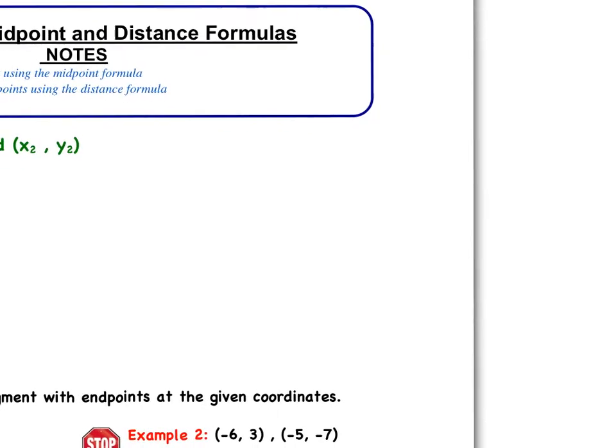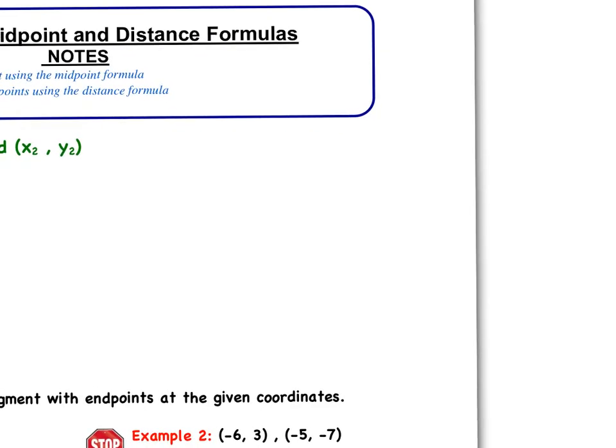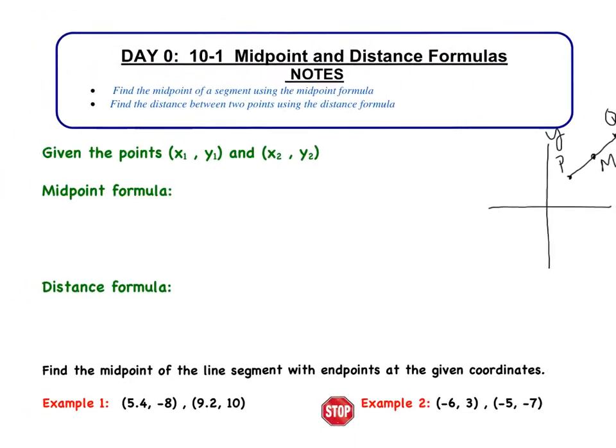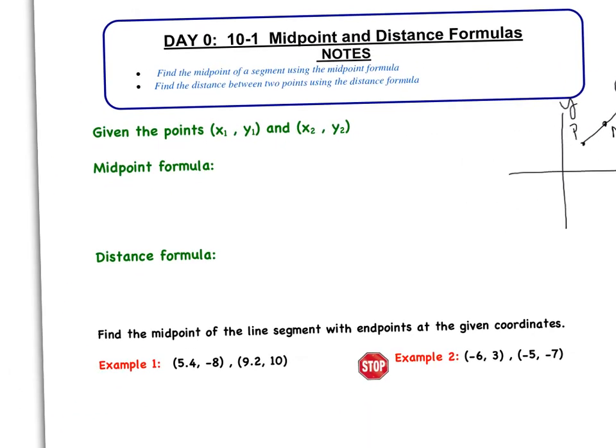If I quickly sketch an XY axis and draw 2 points and a line segment between those points, I have endpoints P and Q, and we will be able to find the coordinates of the midpoint and also the distance between P and Q. So let's go back over and find those formulas.